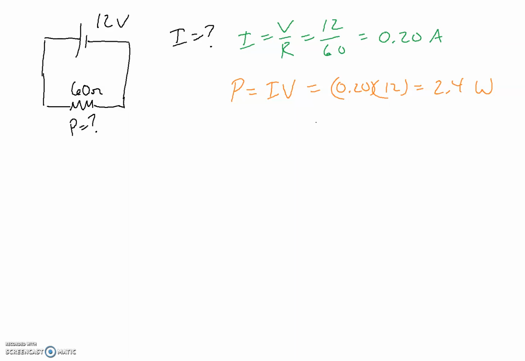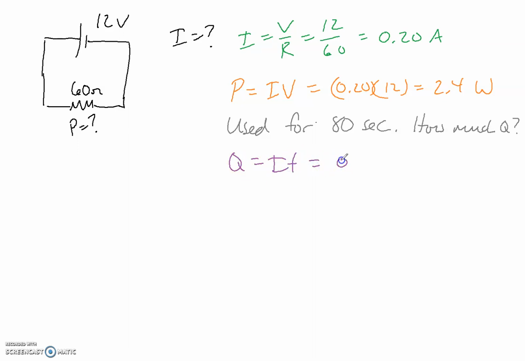We could even go a little bit further. For example, let's say it was used for 80 seconds. How much charge was used? Well, this kicks back to the definition of current, which is charge divided by time. So if we're looking for the charge, it would be I times T, using the definition of current.